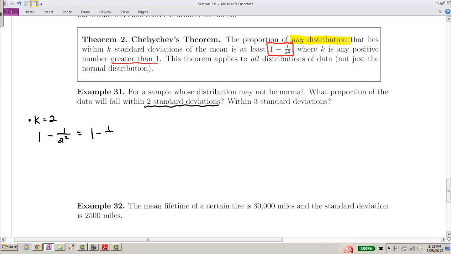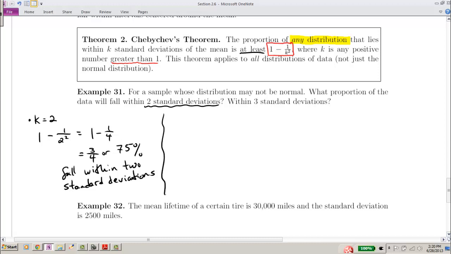So 1 minus a quarter, which is 3/4, or 75%. 75% fall within 2 standard deviations. And of course, that is at least 75%. So it could be more, but we know it's not any less than 75% will fall within 2 standard deviations.